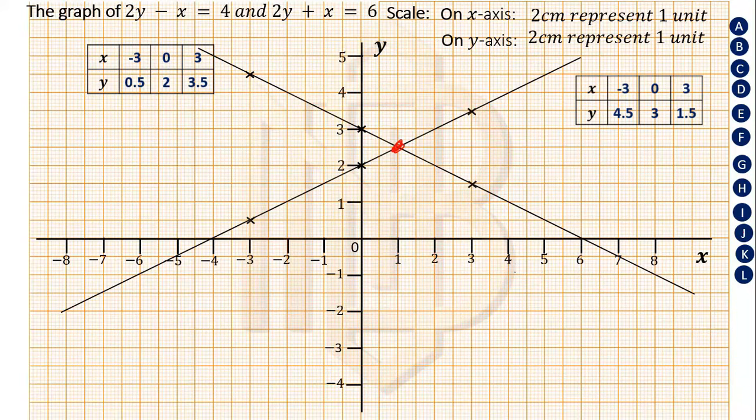If you trace it down, you can see it falls on 1 on the x-axis. If you trace it to the left, towards the y-axis, you see it meets at 2.5. You can conveniently say our x value is 1 and our y value is 2.5.